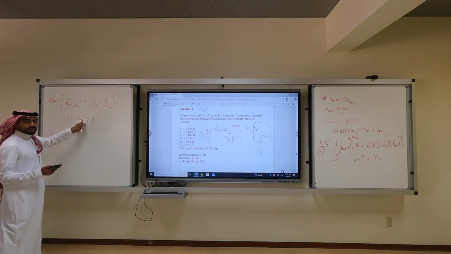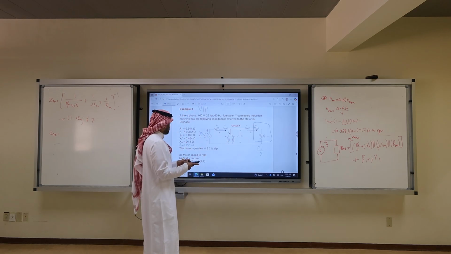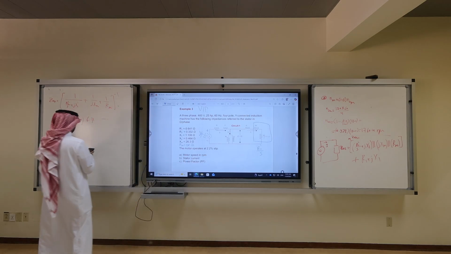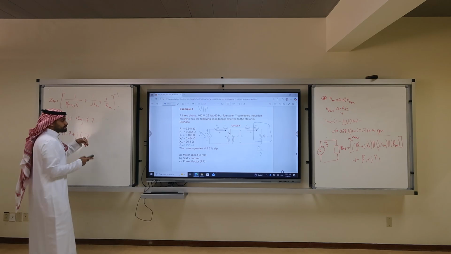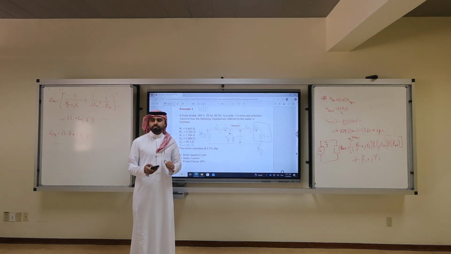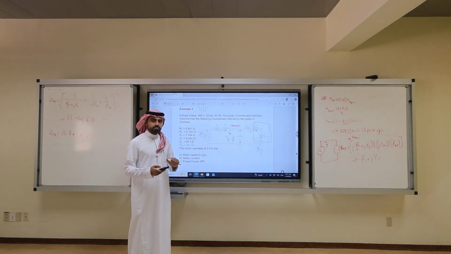So what is the equivalent? Add this answer plus R1 plus J times X1. So you should get the equivalent to be 11.7 plus J 6.7. Roughly speaking the same, because these are too small. I got the J argument to be 7.79.